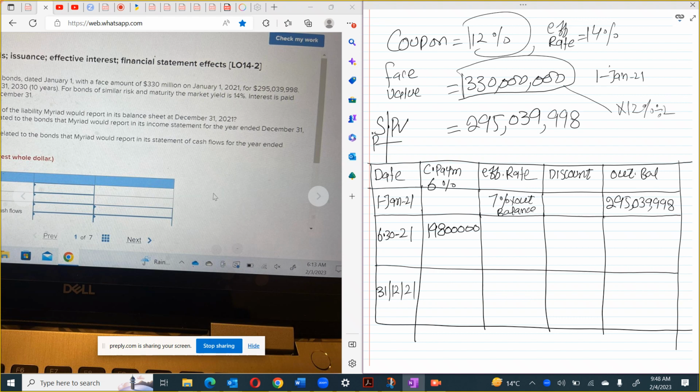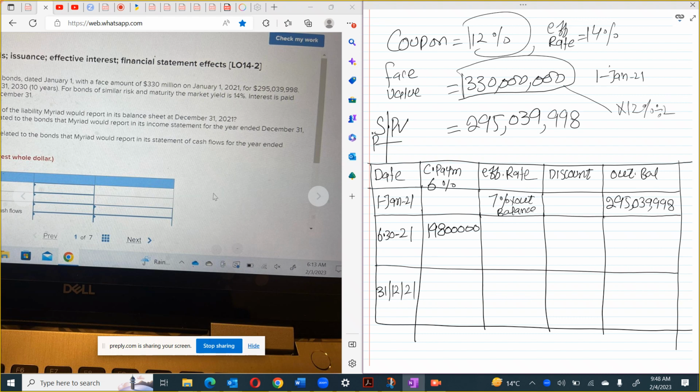The format, it's not cash. Prepare the appropriate journal entry at maturity on 31st December 2024.